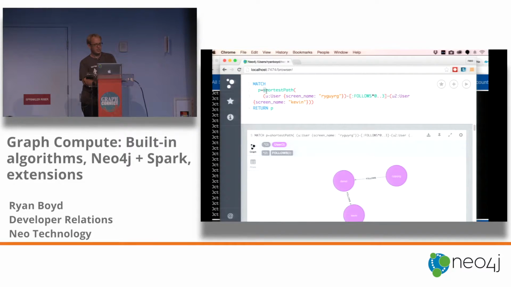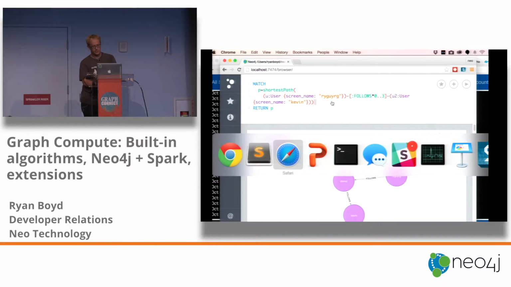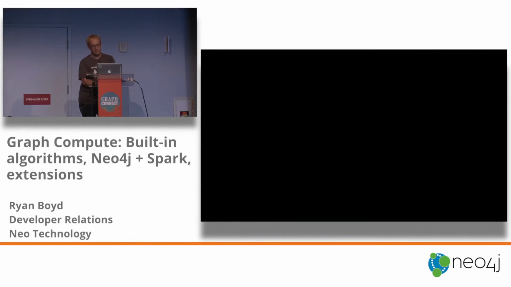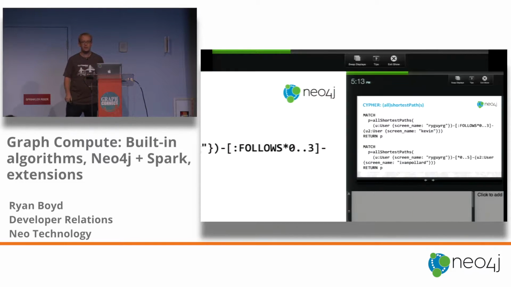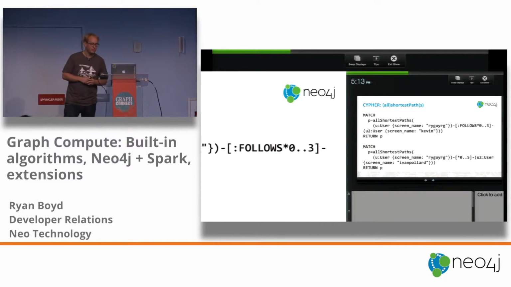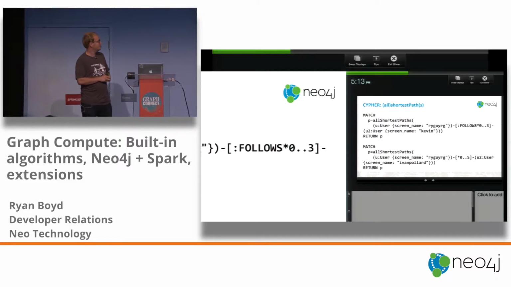So really, I'm just saying shortest path and then putting a standard pattern as you might have in your match clause normally. Okay, so that's shortest path. Very simple query, accessible through Cypher.